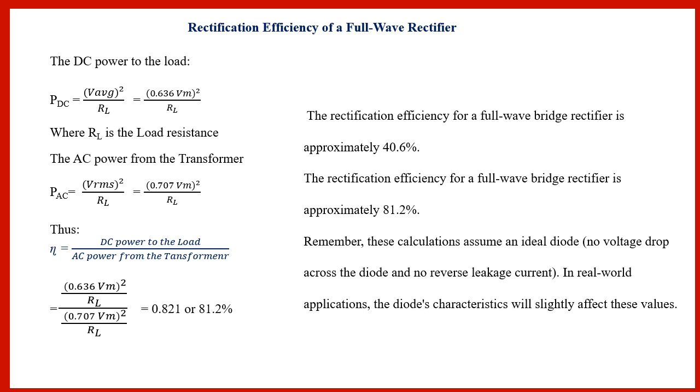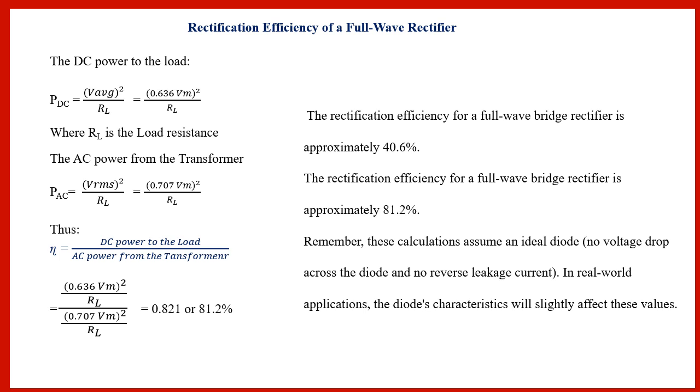So we see that the efficiency of a half wave rectifier is 40.6% and that of a full wave rectifier is 81.2%, which shows that a full wave rectifier is highly efficient in converting AC to DC in comparison to the half wave rectifier.